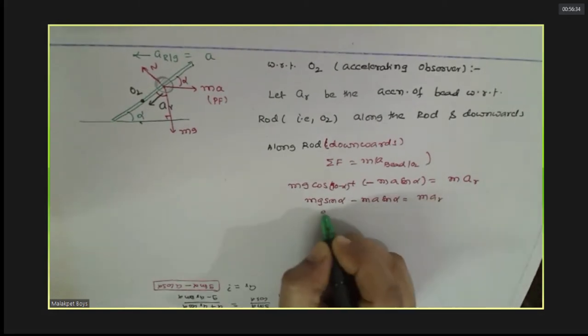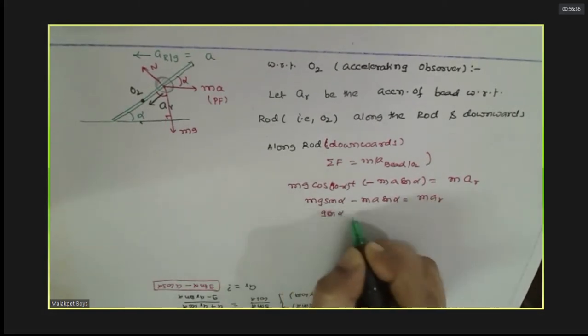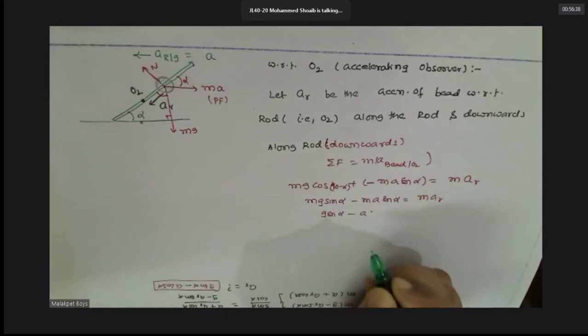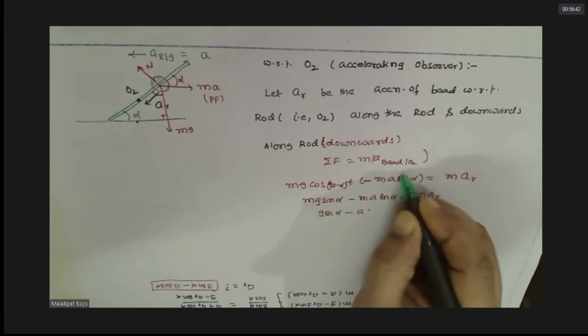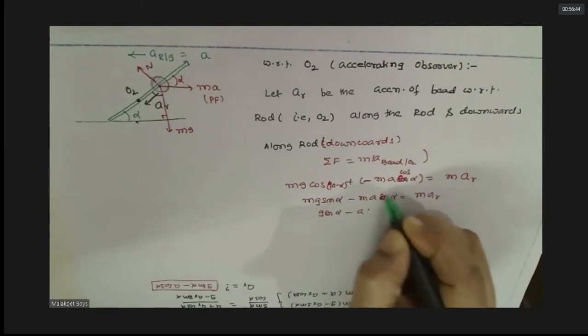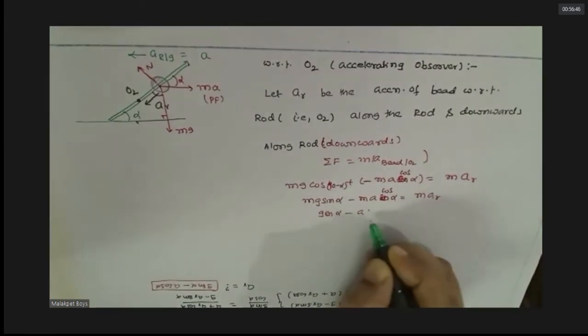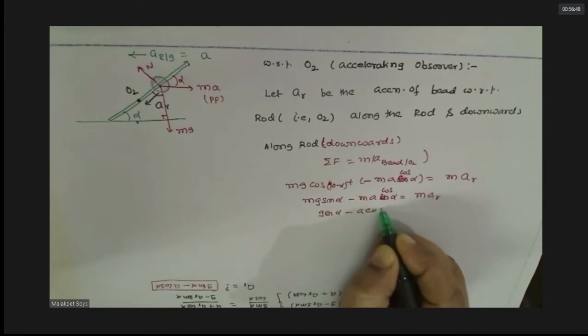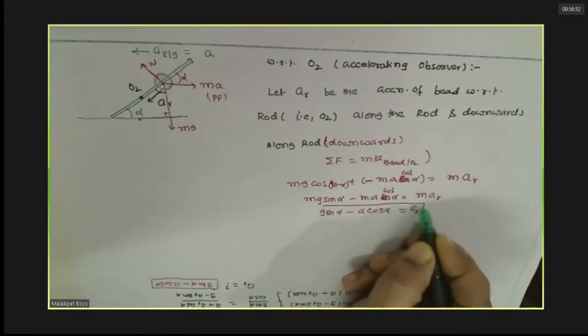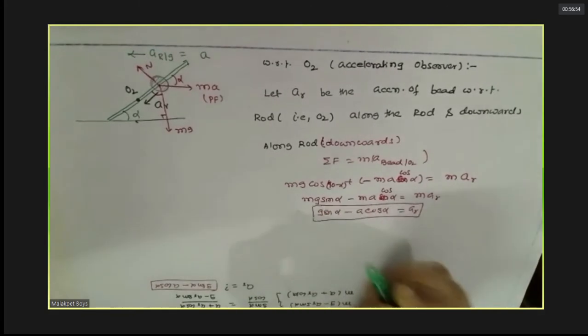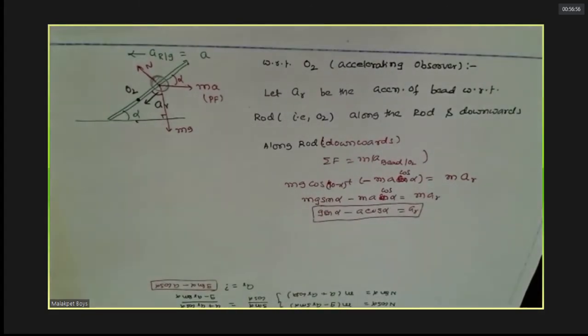So what is that you have? So you have, sir, ma cos alpha, no? Along the rod. Previously you got the same thing, see? Yes, sir.